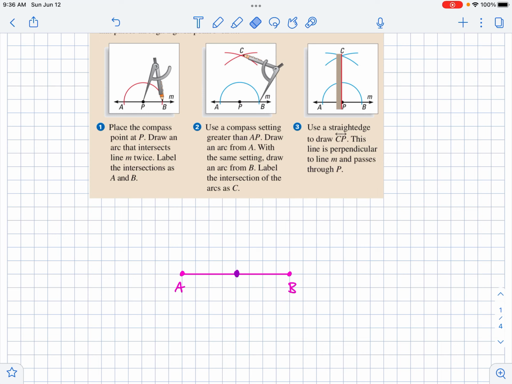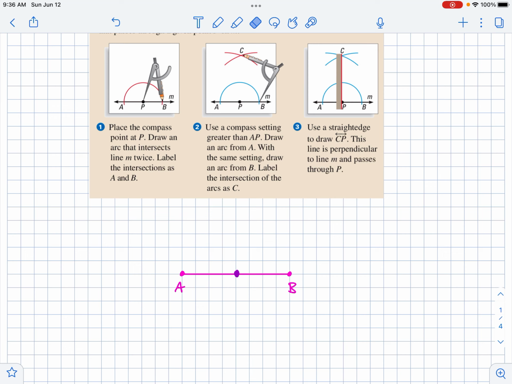In this section, we're going to talk about bisectors. And I figured this is a good time to also start introducing you to the idea of constructions. One of the traditional things that we talk about in geometry is construction.